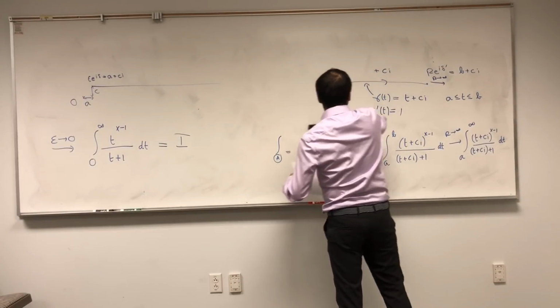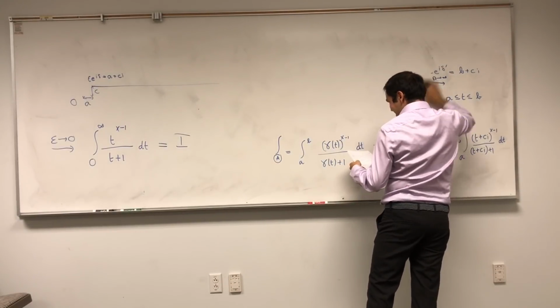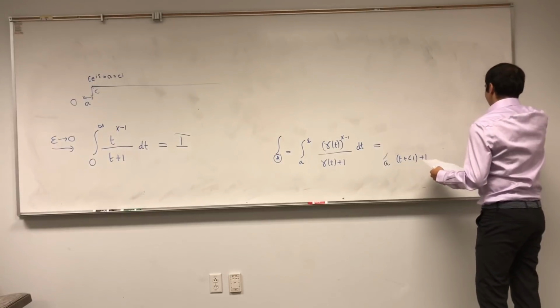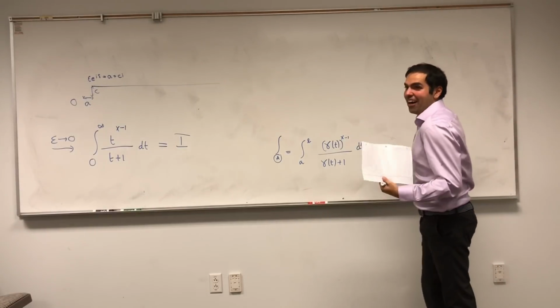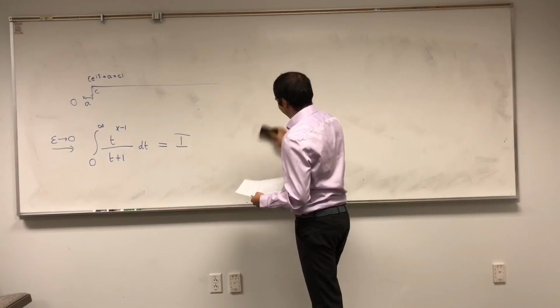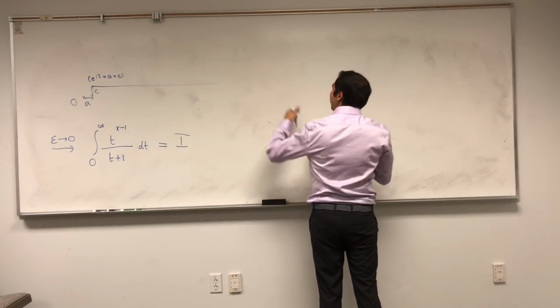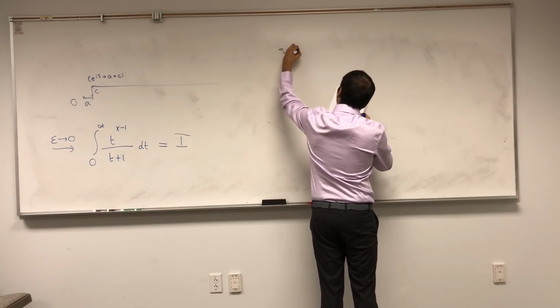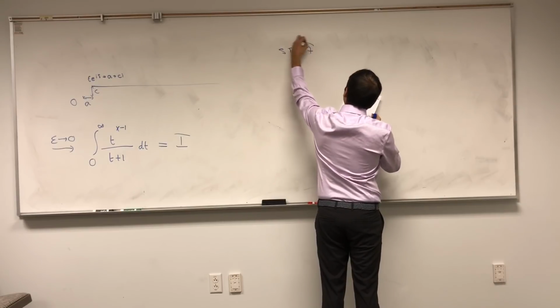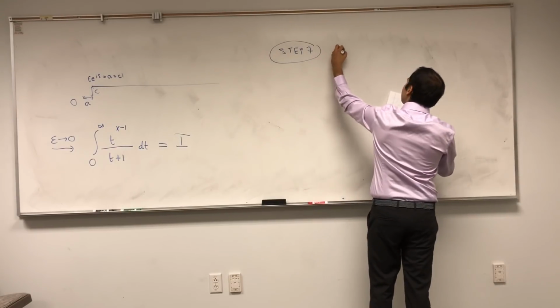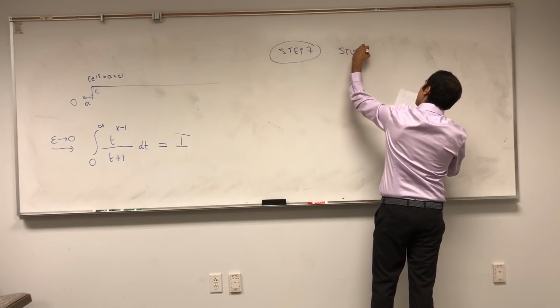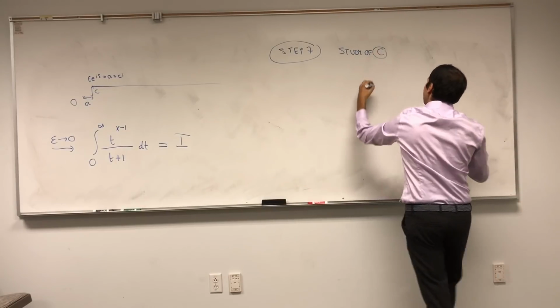So brace yourselves, because now we want to study C. I'm doubting myself, so let's see if that works. Step 7, the penultimate step: study of C. Remember, how do you get this?